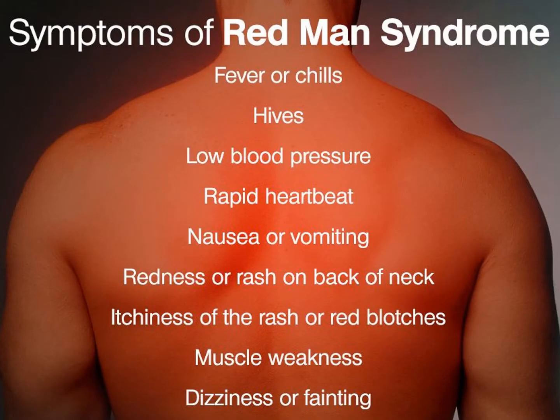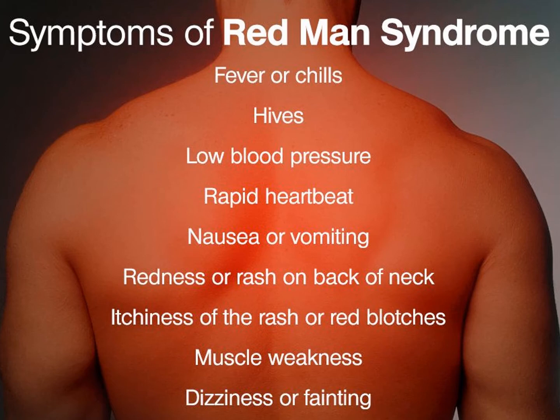Okay, so this next slide is just giving you the signs and symptoms of red man syndrome, which is typically occurring due to a fast infusion of vancomycin, and intravenously, by the way, not orally. So what can it lead to? Well, fever, chills, low blood pressure.